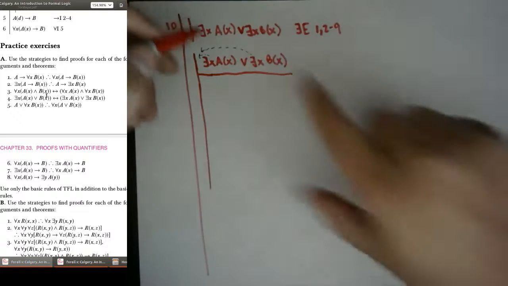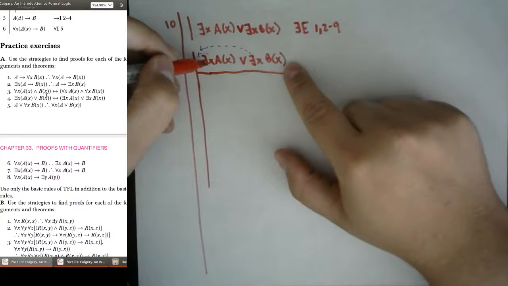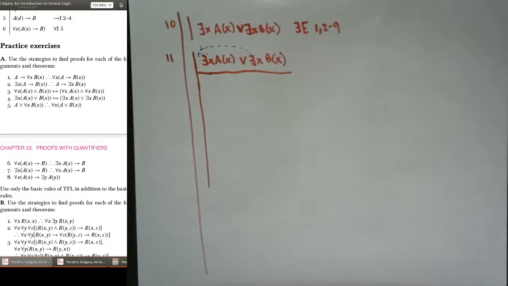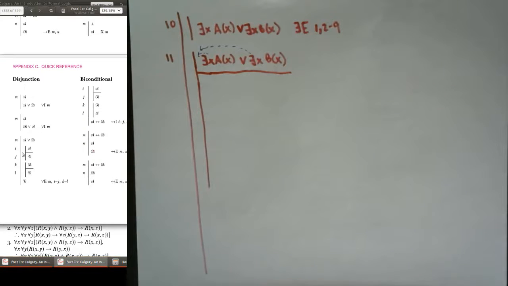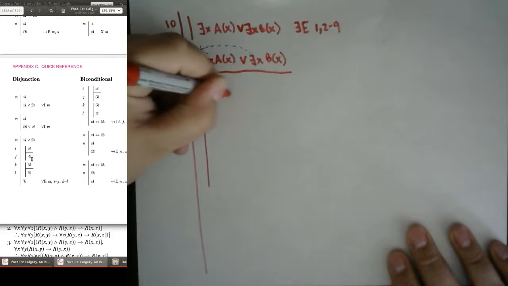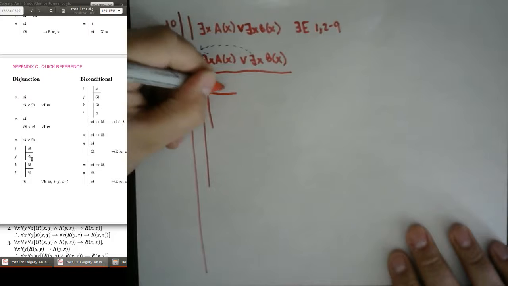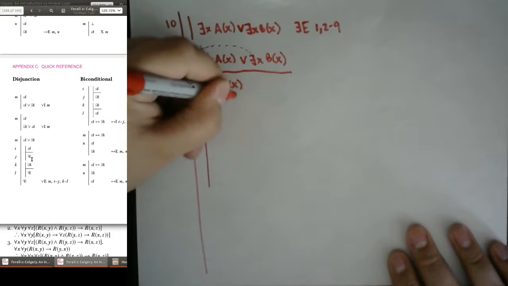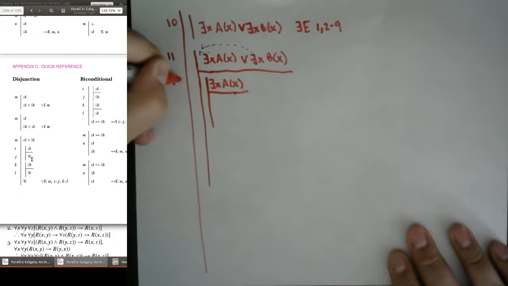Now, fundamentally, this is an OR. So I have to use this rule here. I have to start assuming one side, ending up with what I want, and so on. So I'm going to make a subproof, and in that subproof, I'm going to assume there exists x Ax. That's my assumption.